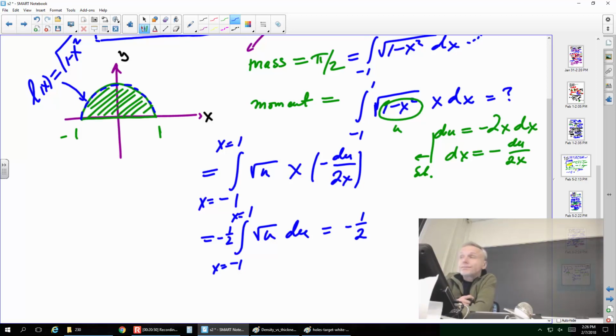Right. Square root of u is u to the 1/2. So when you integrate by the power formula, the power goes up. So I have u to the 3/2 divided by 3/2.